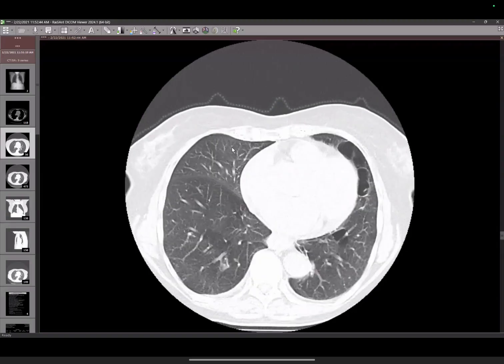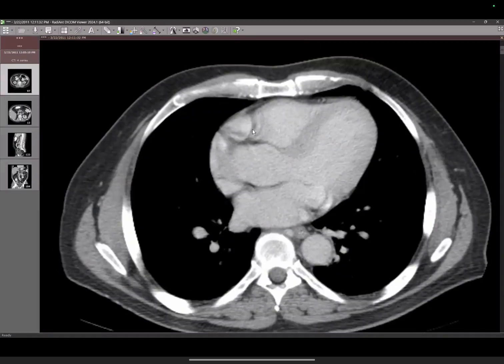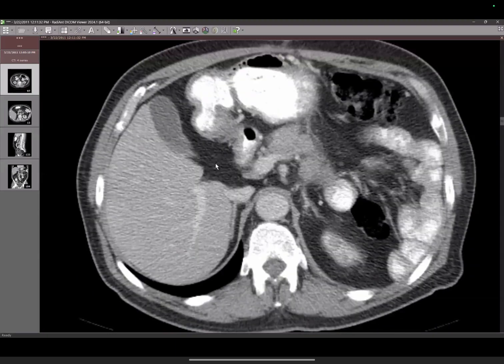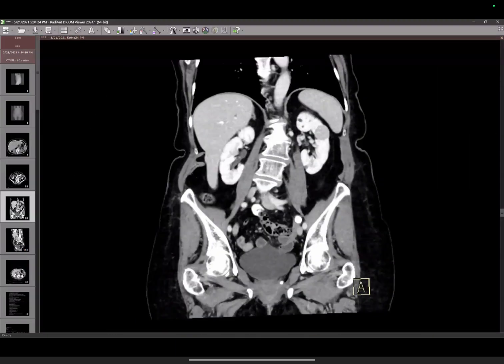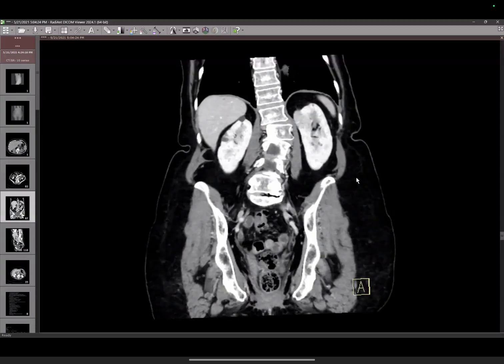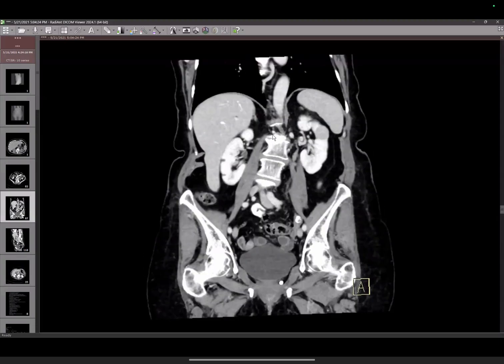Bizarre-shaped cysts with basal predominance are usually seen in Birt-Hogg-Dubé. Exactly. So this is a patient who has multifocal solid lesions in the kidney with predominantly basal distribution of pulmonary cysts. So this is a patient with Birt-Hogg-Dubé, and this was incidentally found, and we were the ones who suggested it.